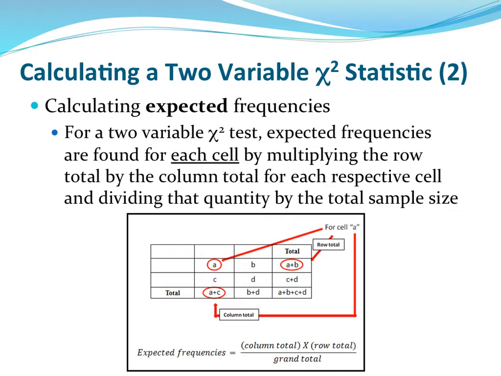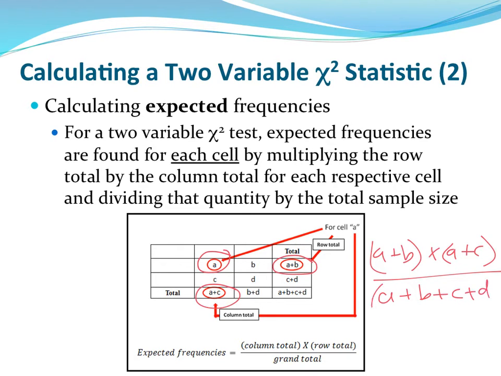Looking at the example below, to find the expected frequencies for cell A, I would take the row total associated with cell A, which is A plus B, times the column total associated with cell A, which is A plus C, divided by the grand total, or total sample size, which in this case is A plus B plus C plus D. When conducting a two-variable chi-square test in SPSS, SPSS will calculate the expected frequencies for each of the cells of your contingency table for you.